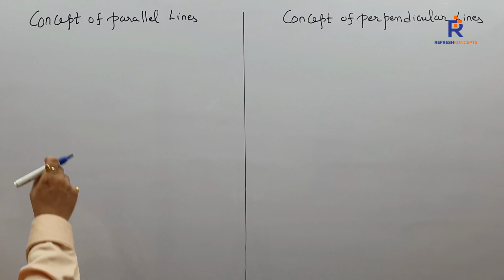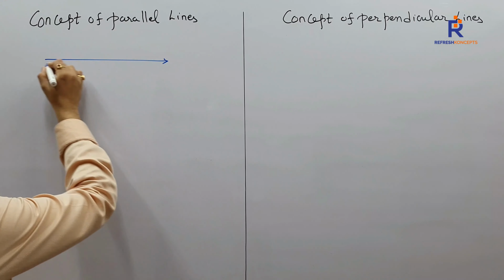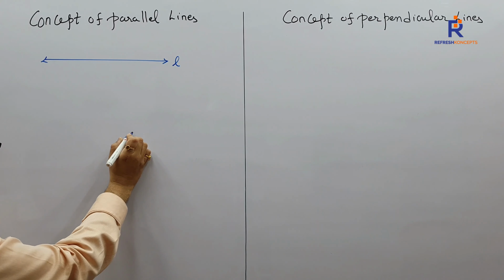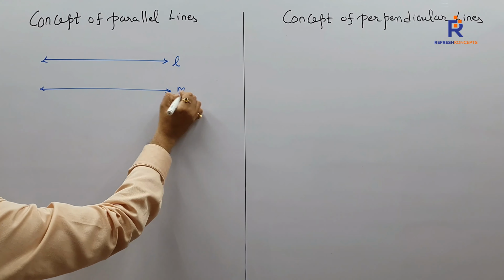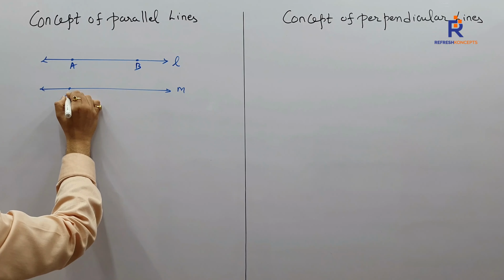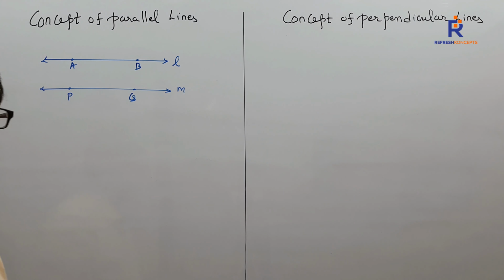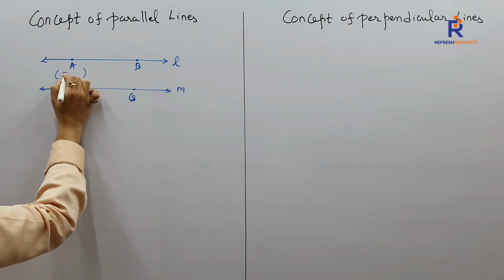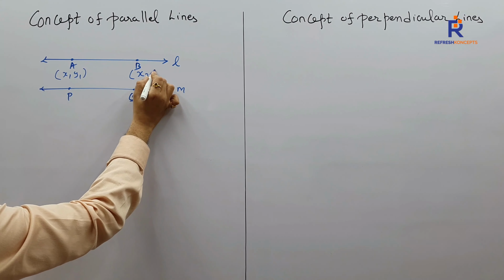Say for instance, it is given to me that this is one line L, and this is line M. Say this is passing through A, B, this is passing through P, Q. Naturally, when I say that line L passes through points A and B, I will have the coordinates x1, y1 and x2, y2.